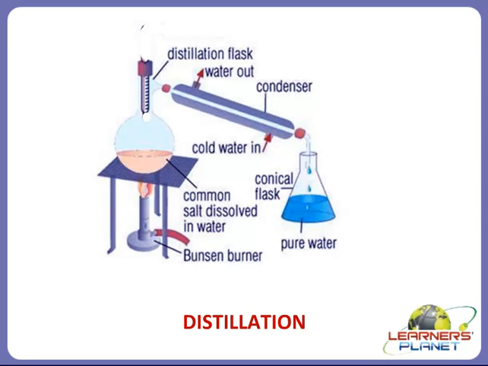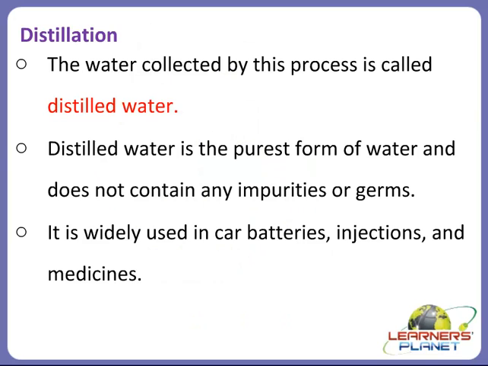right? So why is distilled water or distillation so helpful? Yes, the water collected by this process is known as distilled water, and why is it so helpful? Because it is the purest form of water and it does not contain any impurities or germs, and that is why it is widely used in car batteries, injections and medicines, so that it can be sterilized and used in hospitals, right?